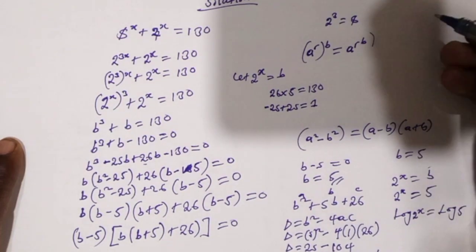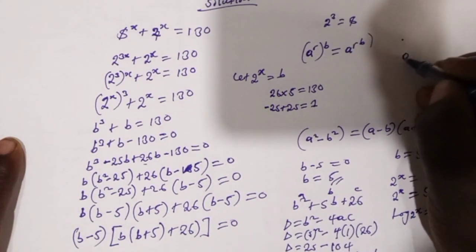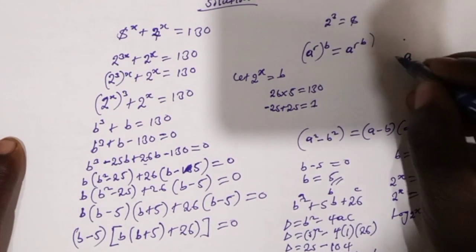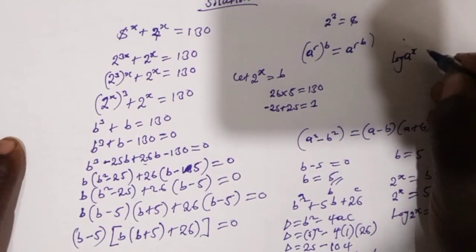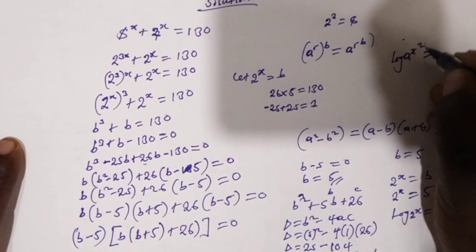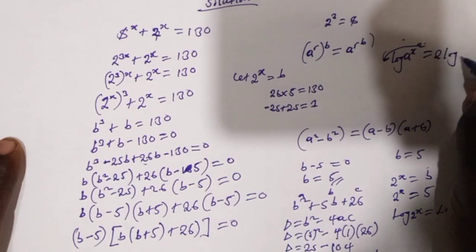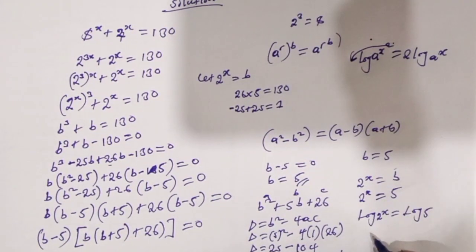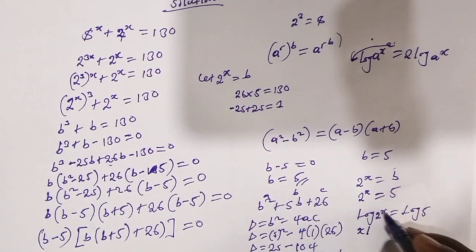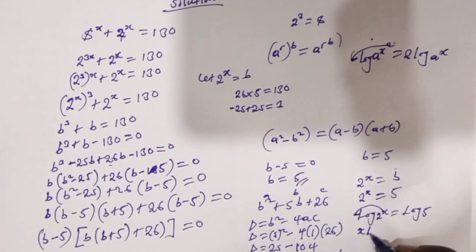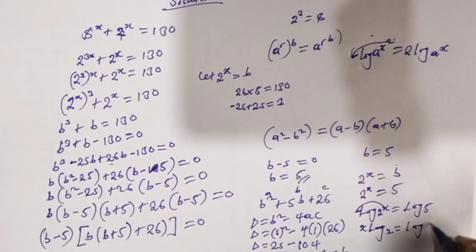There is a rule that can be used here: if you have log of a to the power x, then x drops down, so we have x log a. We do the same thing here: x drops down, so x log 2 equals log 5.